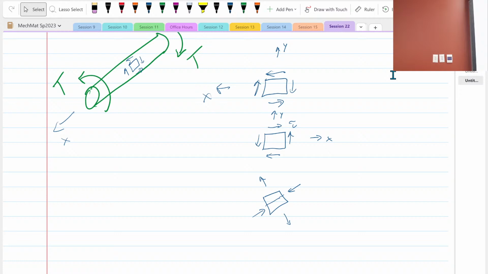In this sense, the neutral axis is along the longitudinal axis, going in and out of the page at the center there. I think the neutral axis is along the entire length. Yeah, it is.